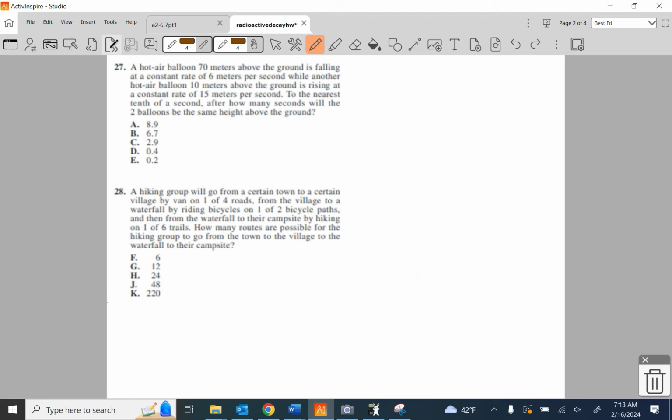Hot air balloon 70 meters above the ground is falling at a constant rate of 6 meters per second, while another hot air balloon 10 meters above the ground is rising at a constant rate of 15 meters per second. For the nearest tenth of a second, after how many seconds will the two balloons be the same height above the ground?